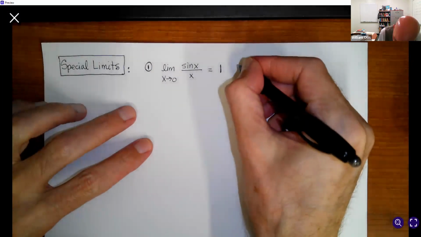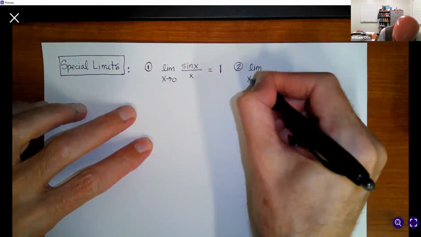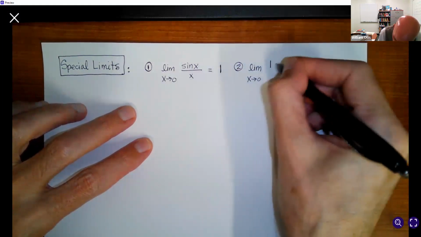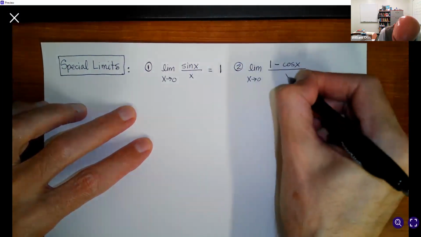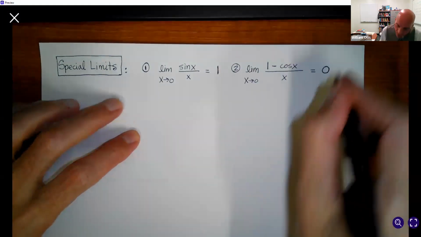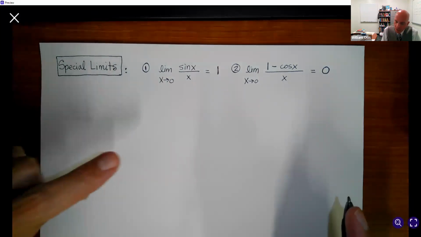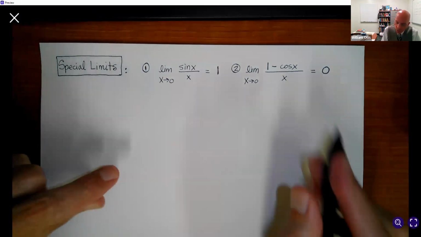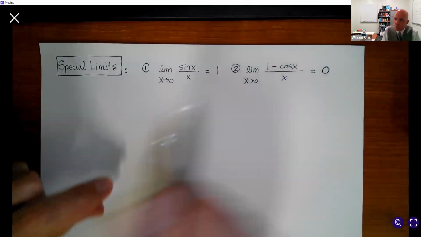And the other one is the limit as x approaches 0 of (1 minus cosine x) divided by x, that equals 0. Well, again, when you look at this, if you let x approach 0, the denominator is 0 and the numerator is 1 minus 1.